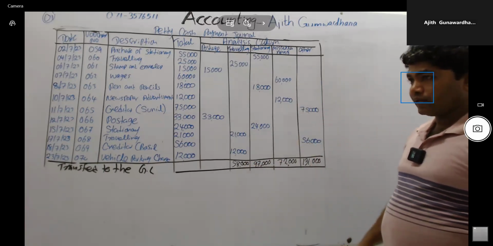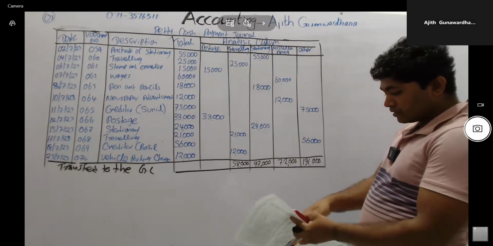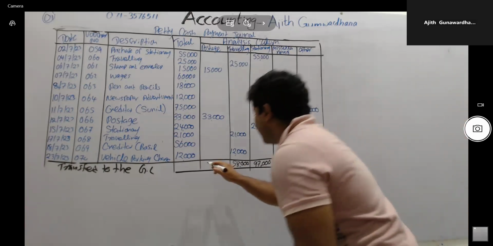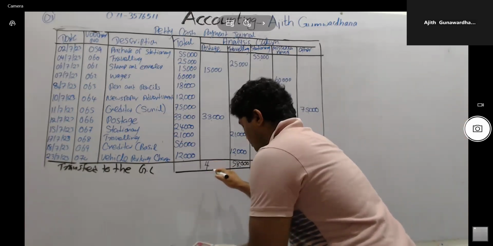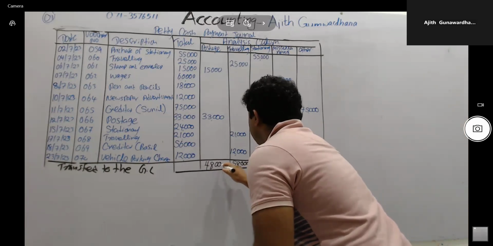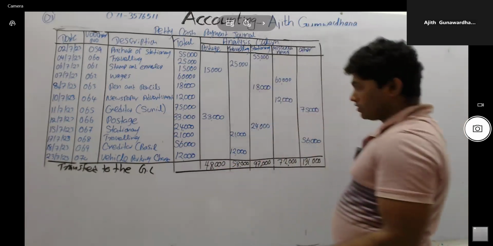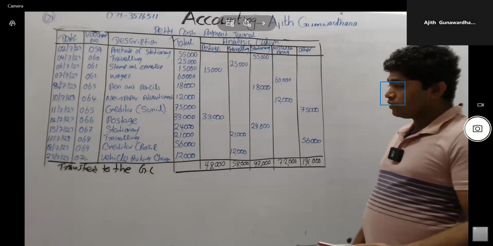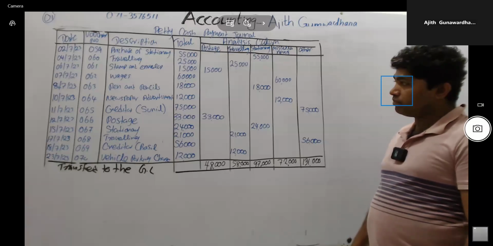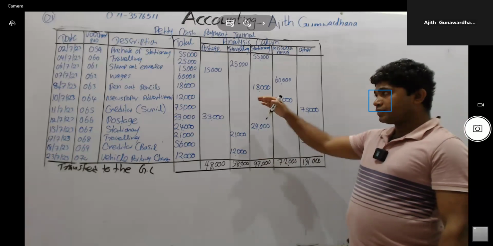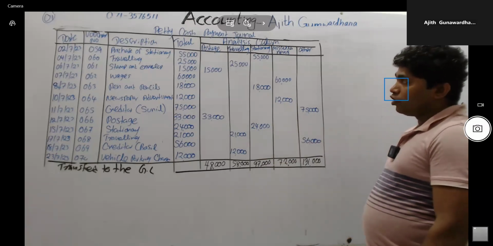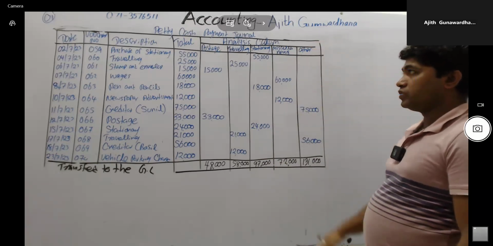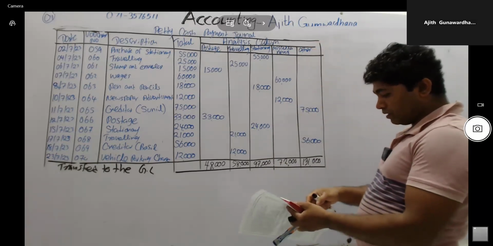First, how each and every transaction is recorded in the petty cash payment journal, and calculate the total value of each column. The opening balance and cash received from chief cash are also given. Those are to be recorded in the petty cash control account, not here. The opening balance cannot be recorded here, and cash received from chief cash also should not be recorded in the petty cash payment journal.